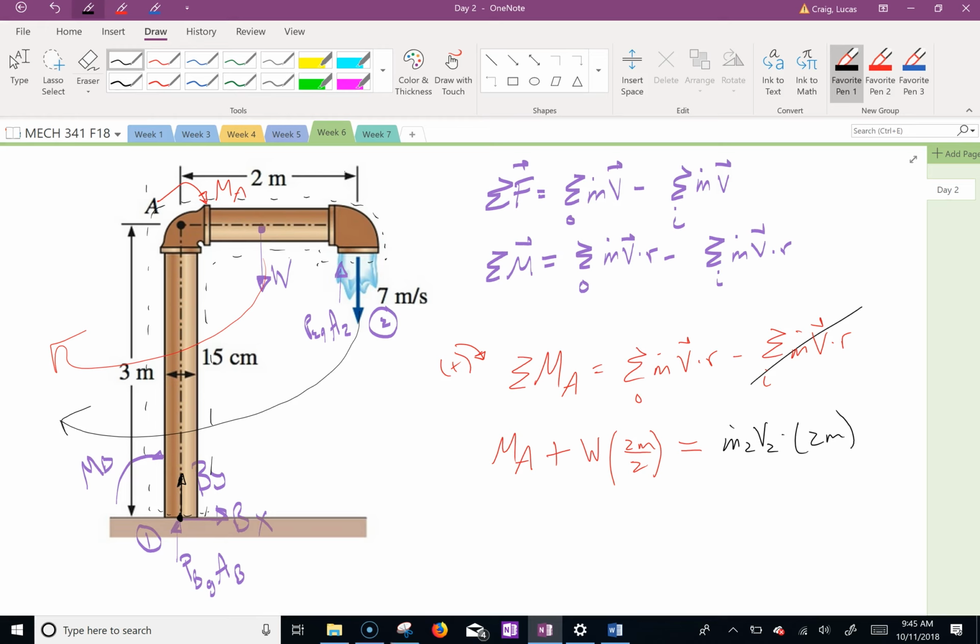Isn't m dot just 15? What else? Water discharges, so 7 meters per second.